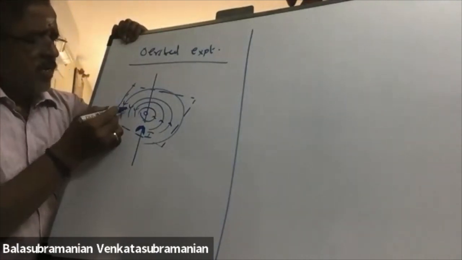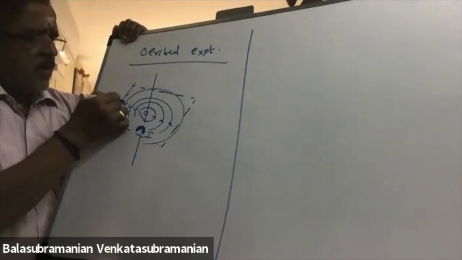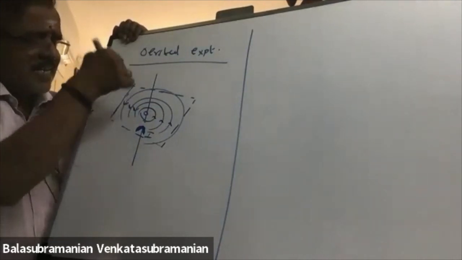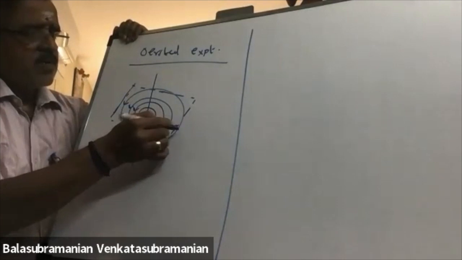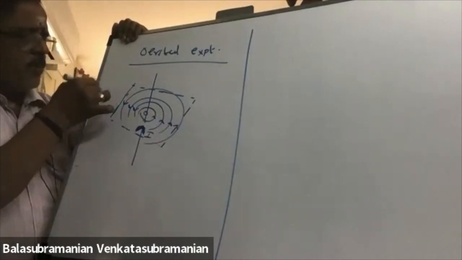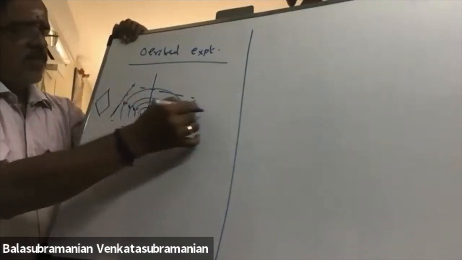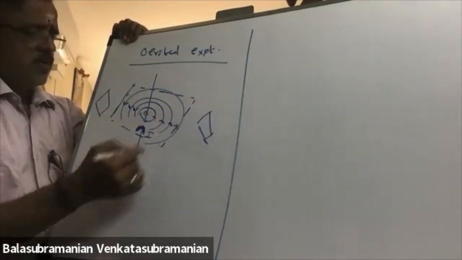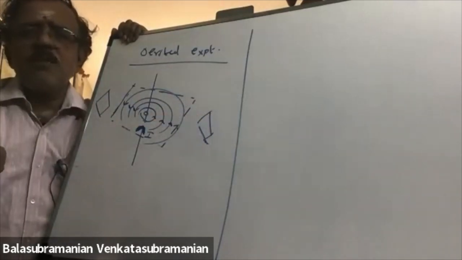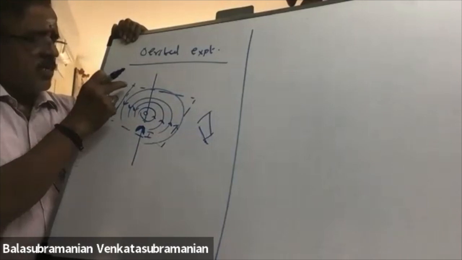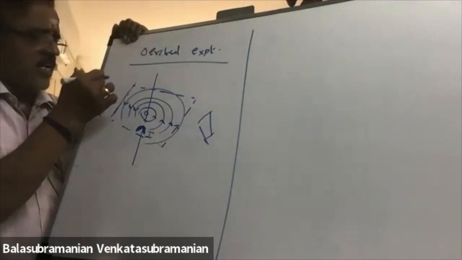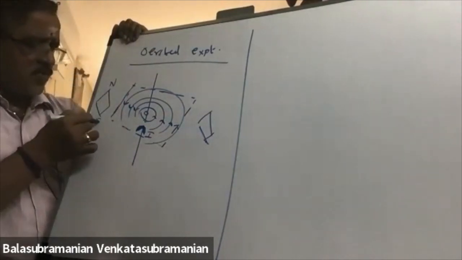Sir, here you see, coming downwards, anti-clockwise, here upwards. You keep a magnetic needle on both sides. Magnetic lines go from north to south only. So where it is starting is north, where it is ending is south.